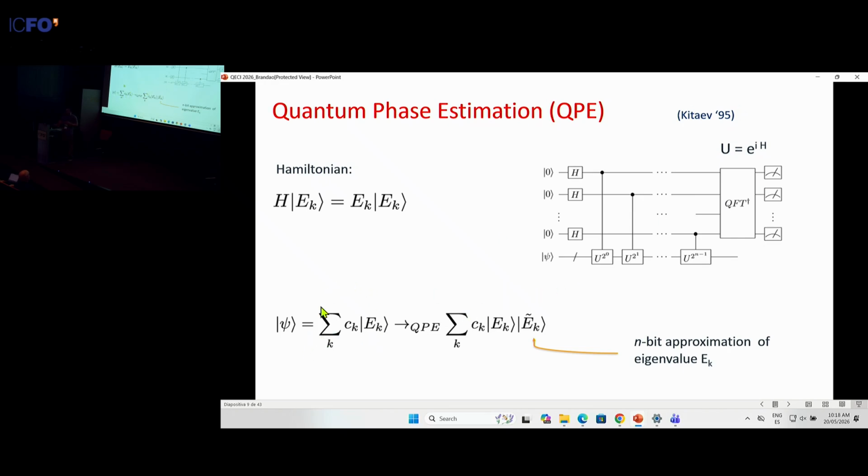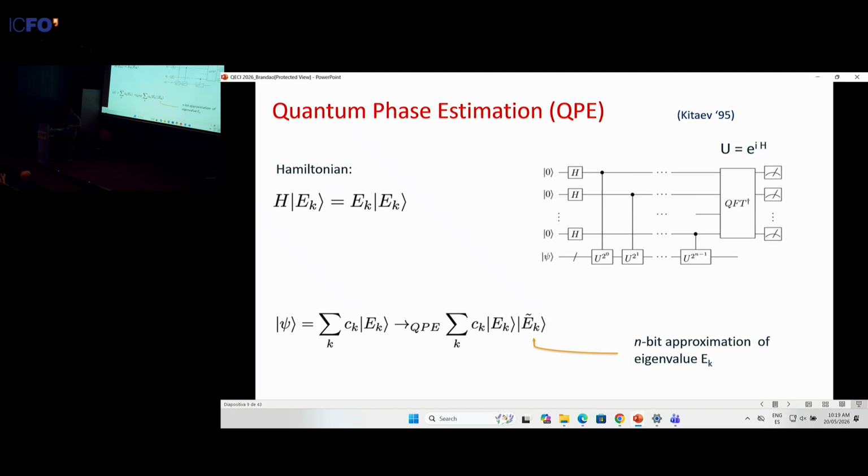If you start with a linear superposition over energy eigenstates of the model, the quantum phase estimation gets, in this other ancilla register, some estimate of the energy associated to that eigenstate. So if you have eigenstate Ek, you put in this register some approximation of the eigenvalue associated to this eigenstate.